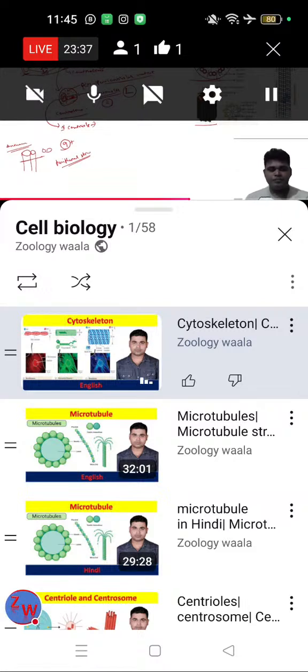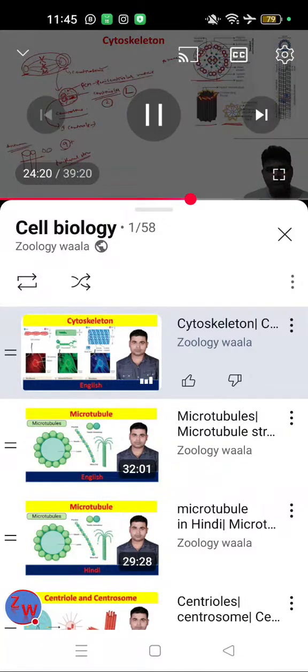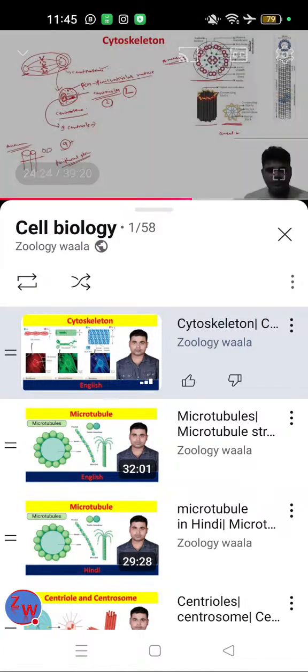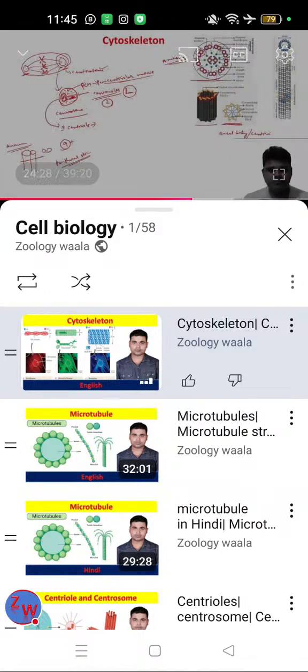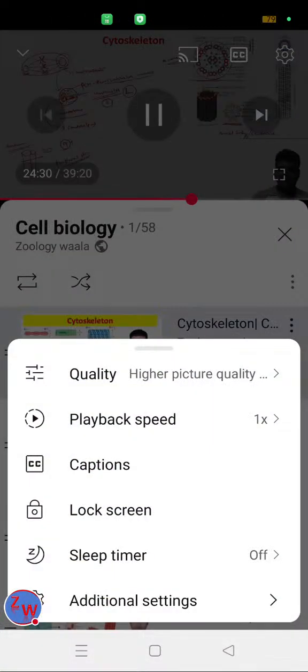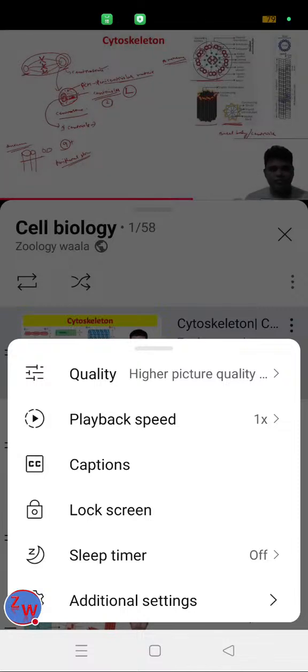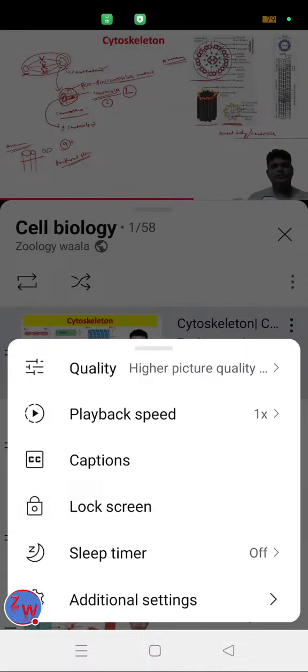Now the basal body looks like this. That means this is the axoneme structure, and this is the basal body, which is similar to the centriole. In the basal body of the centriole, the same structure is present, but what is the difference from the axoneme?